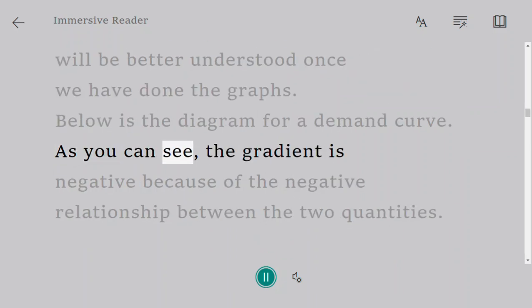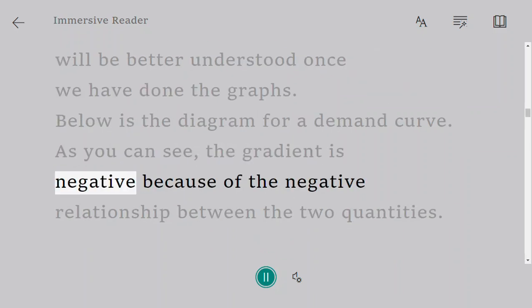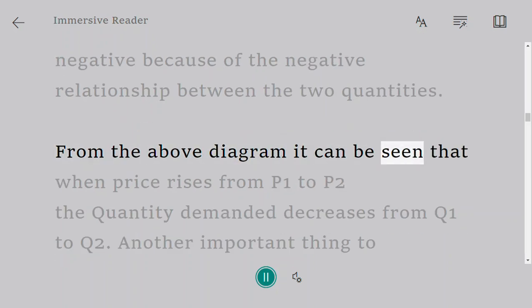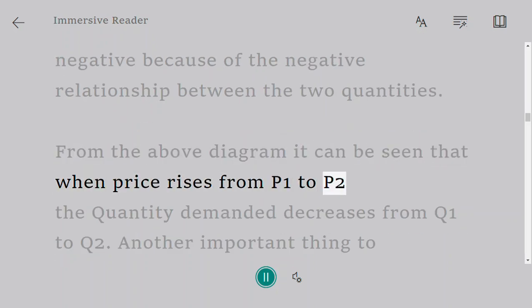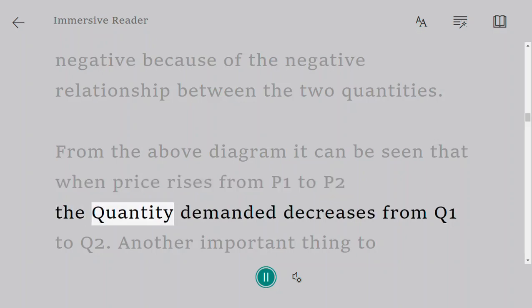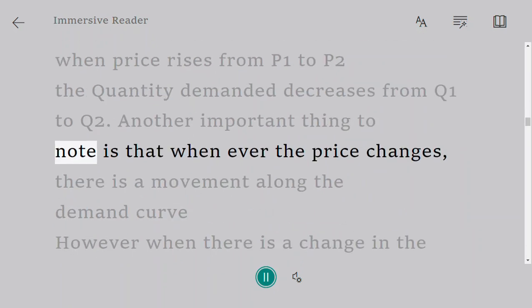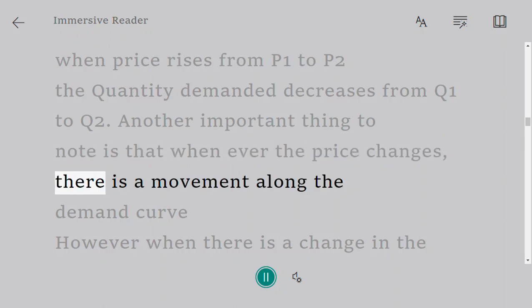As you can see, the gradient is negative because of the negative relationship between the two quantities.